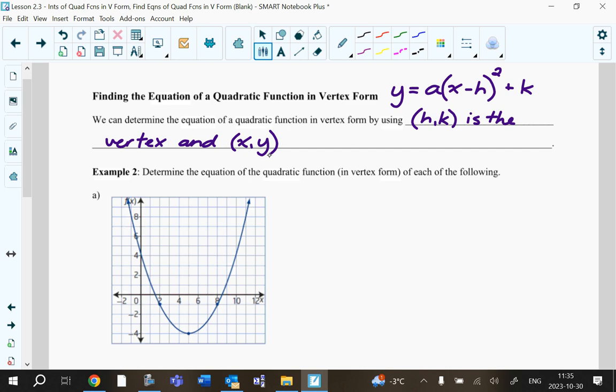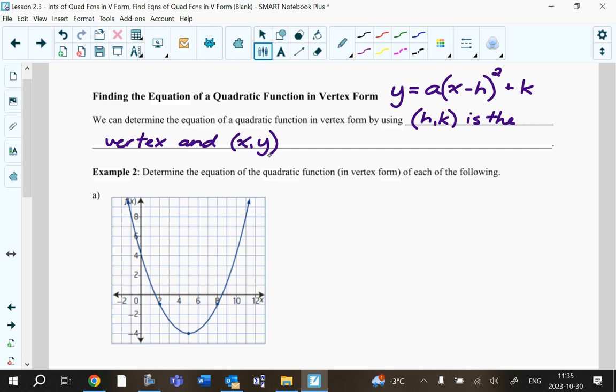If I plug all those in, the only thing left to solve for is a. When we make an equation, if you're given the vertex, you know h and k, but we don't know a. We have to figure it out.